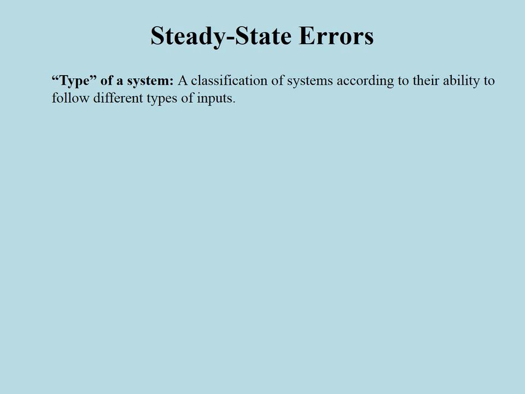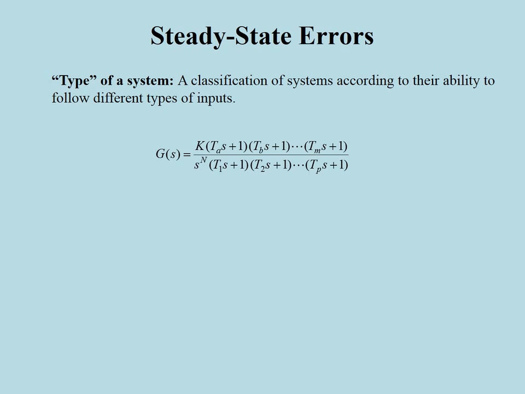Linear systems can be classified according to their ability to follow different possible inputs by their types. Type in this sense is determined by the number of poles at the origin. Let us consider a transfer function with the denominator and numerator polynomials factorized in first-order terms so that the constant terms of the factors are 1.